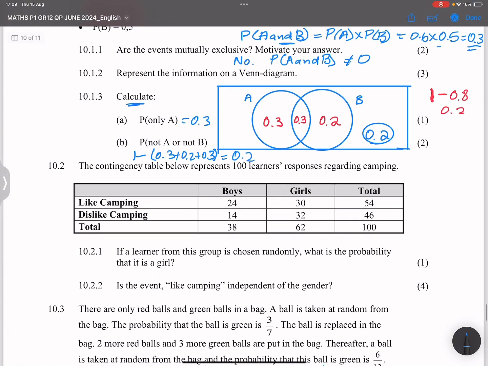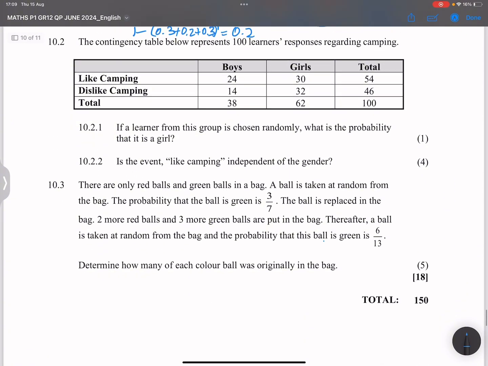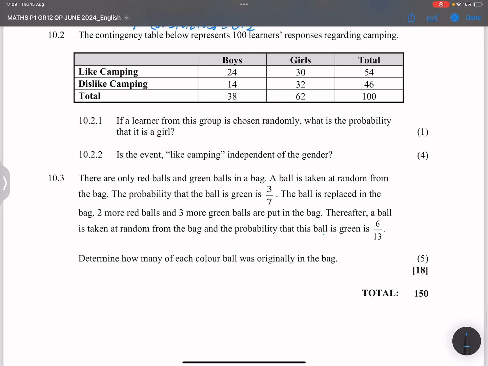Let's go to 10.2. These are contingency tables. They say the contingency table below represents 100 learners' responses regarding camping. Now they say to us, if a learner from this group is chosen randomly, what is the probability that it is a girl?